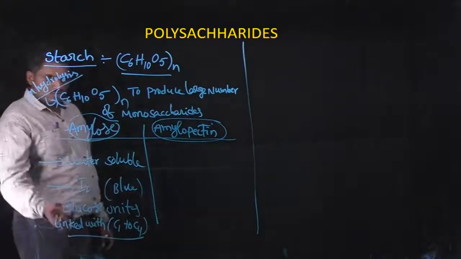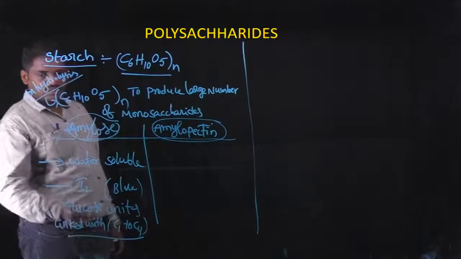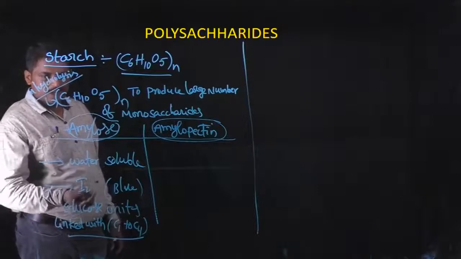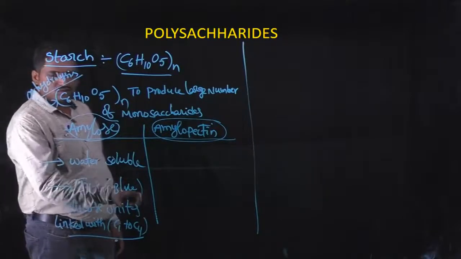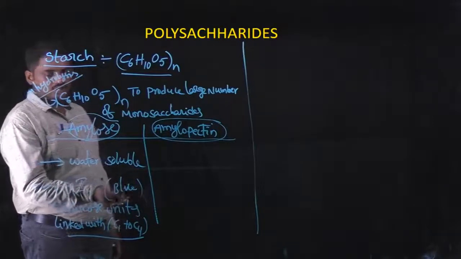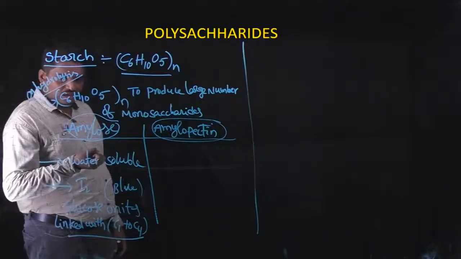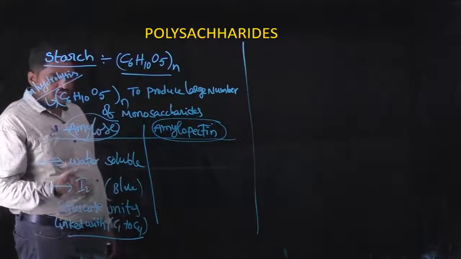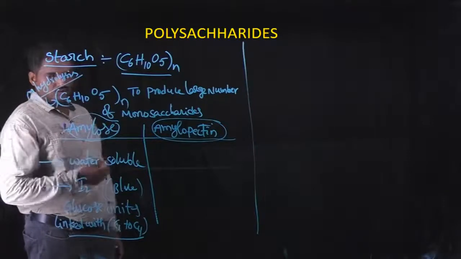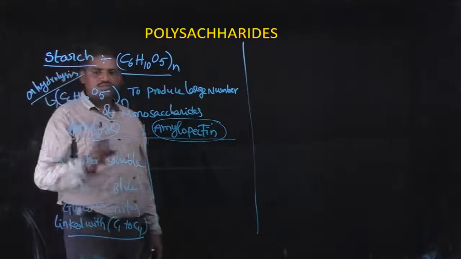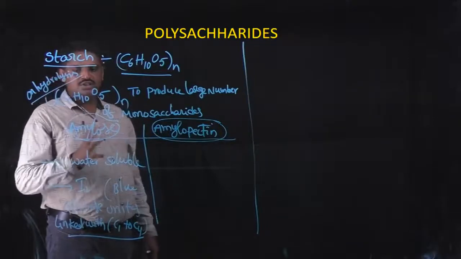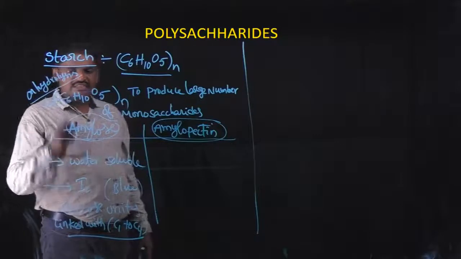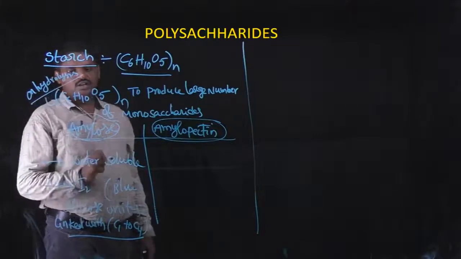The first glucose's first carbon is linked with the second glucose's fourth carbon. So that linkage is only observed for amylose. So this is one of the parts of starch. Okay, this is completely soluble in water.